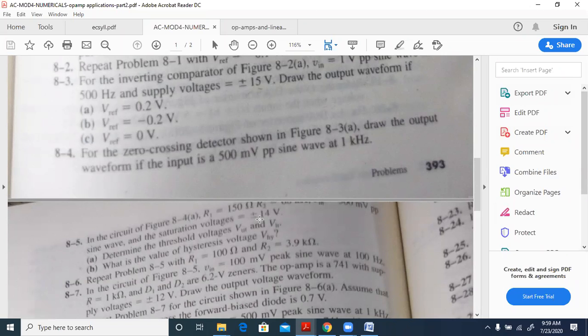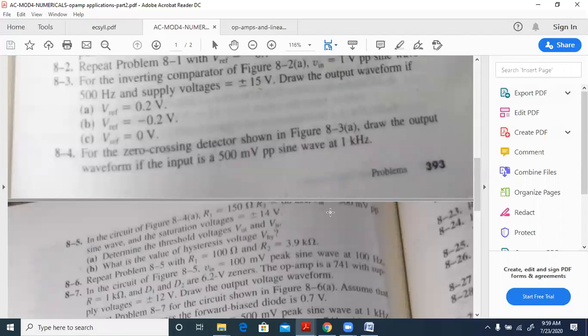The saturation voltage is plus or minus 14 volts. Determine the DC threshold voltages, VUT and VLT, and the value of the hysteresis voltage. So you need to find VUT and VLT given the values of R1 and R2, and the input is 500 millivolts peak to peak.